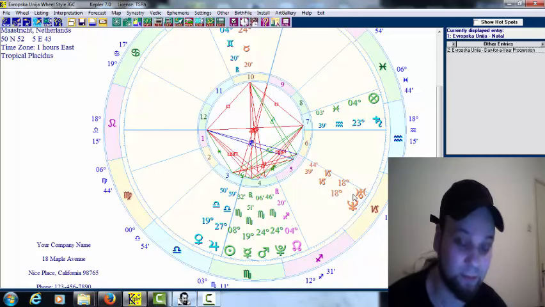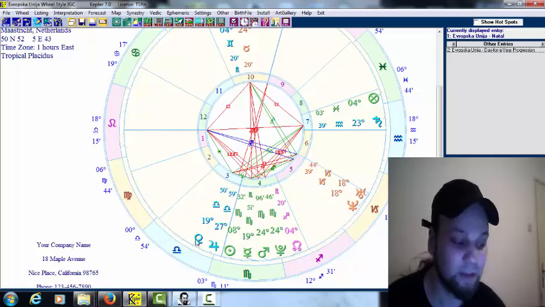And the worst thing that could happen is that the transit of Pluto will make not only conjunctions with natal Neptune and Uranus, but also an exact square with Venus, which is Europe.